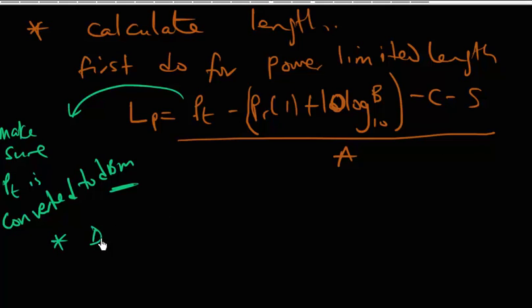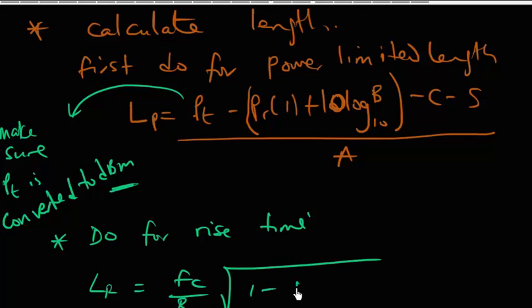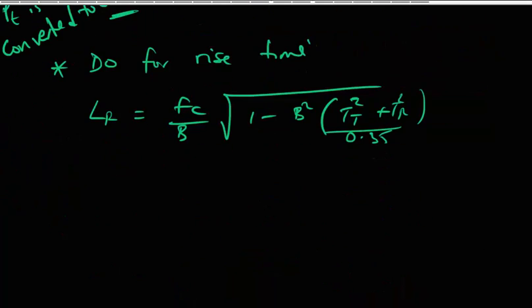After this, you do it for rise time. We know that LR is FC over B, with 1 minus B squared tau squared T plus tau squared R over 0.5 squared. This is for the transmitter and receiver.